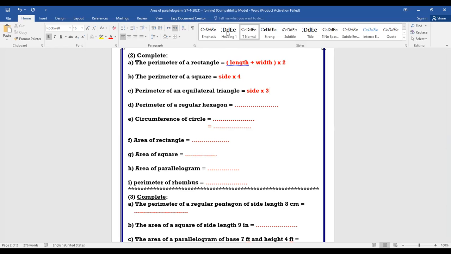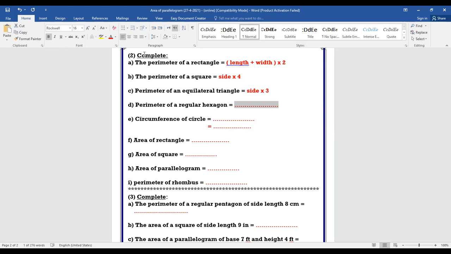Perimeter of a regular hexagon. If you remember, we said the perimeter of any regular polygon is the length of one side multiplied by the number of sides.